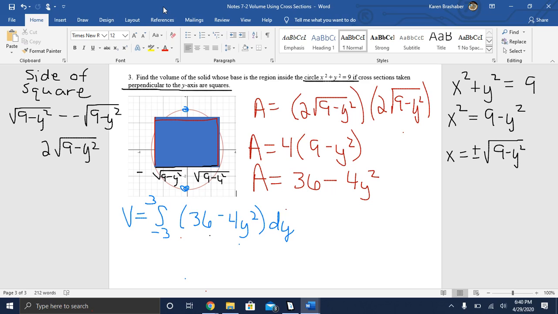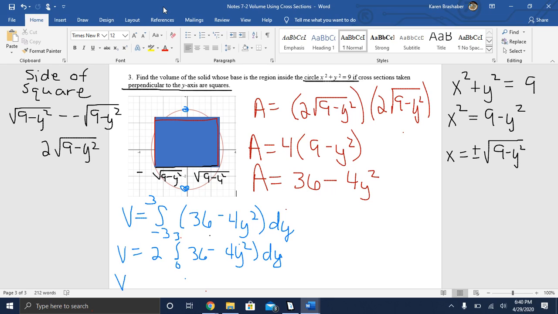Now you could notice, in fact, I'm going to do this, that we have a symmetrical graph in that circle. So I could actually just do 2 times the integral from 0 to 3 of 36 minus 4y squared dy. And that would be a lot easier to evaluate.